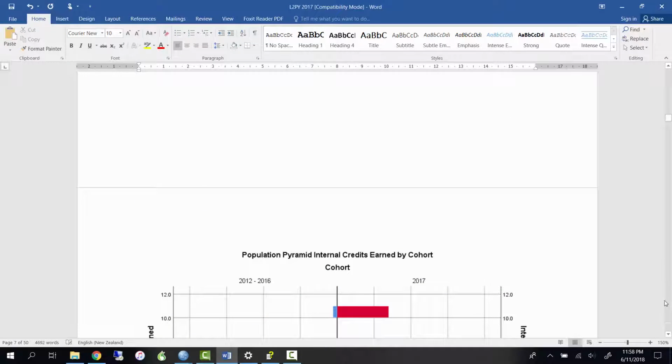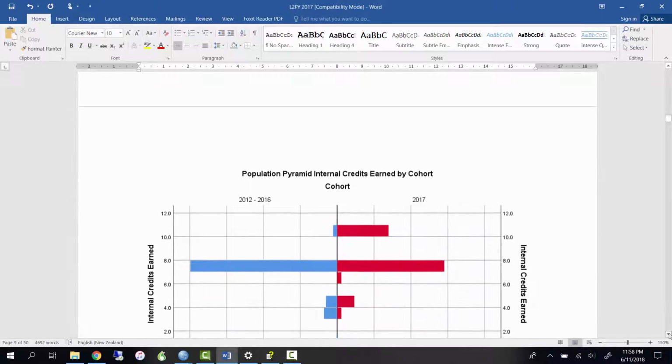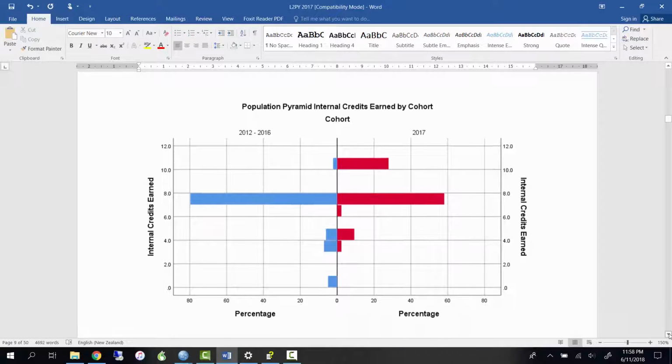So we'll look at the internal credits earned. Now, straight away, the graphs are full of visual impression. And straight away, we can see that the peaks, here are the peaks, and they're in the same place, but the bar above it for 2017 is much longer.